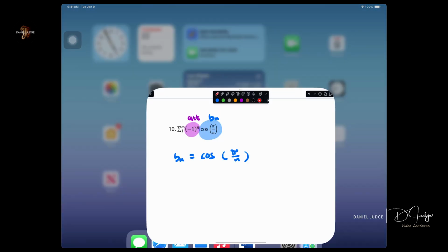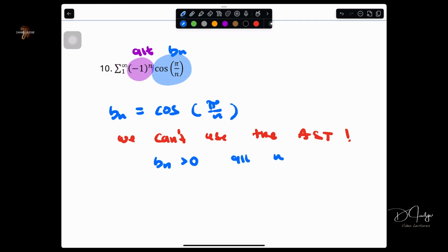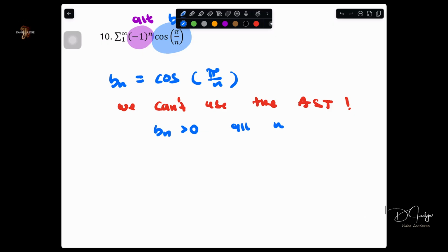Because you got cosine pi over 2, and then all the other terms are going to be increasing here. So what I want to remark is we cannot use the alternating series test because the assumption that Bn is positive for all n is not necessarily true, but starting at 3, it will be true. So we know Bn is positive for n greater than or equal to 3.